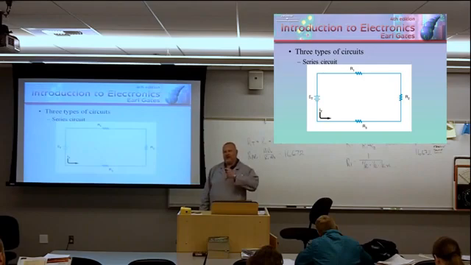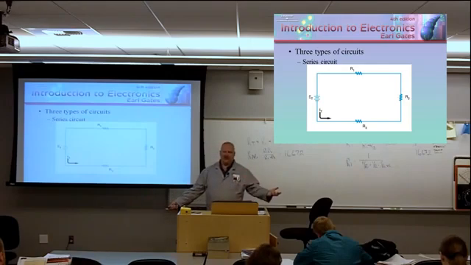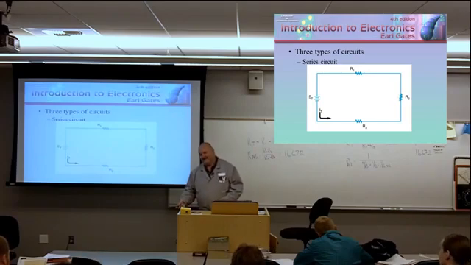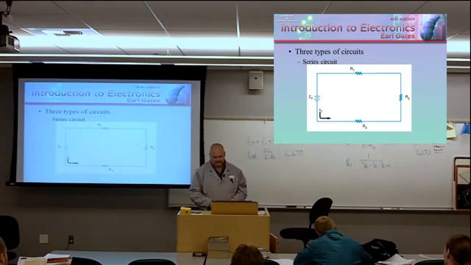How many voltage drops do I have in this circuit? 3. So voltage rise is going to get divided into 3 proportional values. The biggest resistance gets the biggest voltage drop. The smallest resistance gets the smallest voltage drop. And the resistance that's just right gets a voltage drop that's just right. Make sense? That's the series circuit.